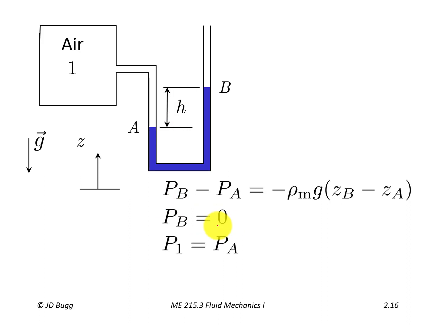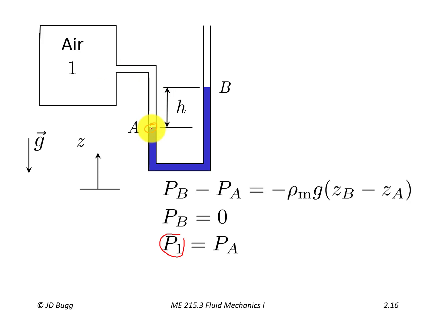The other thing that we're saying here is that the pressure in this chamber, P_1, I'm calling that, is equal to P_A. In other words, the pressure here is equal to the pressure down here at this air-manometer fluid interface. What I'm essentially saying there is that as I move up and down in this air, in other words, as I move from this location down to here, the pressure changes are negligible.